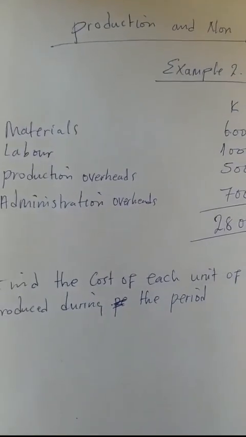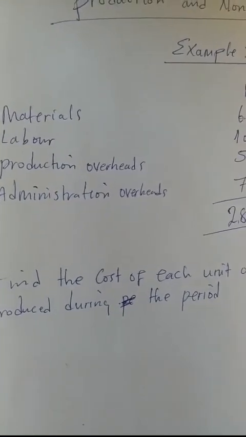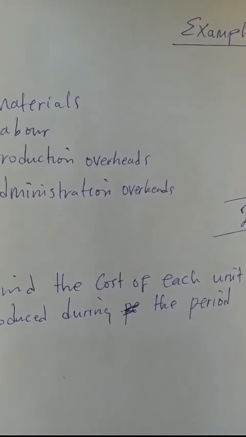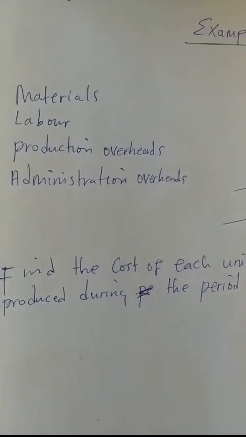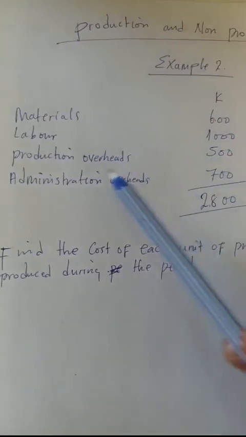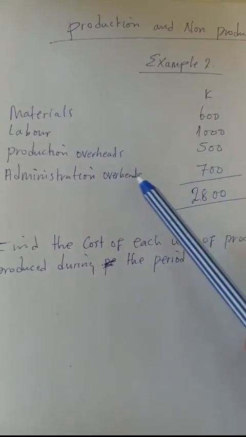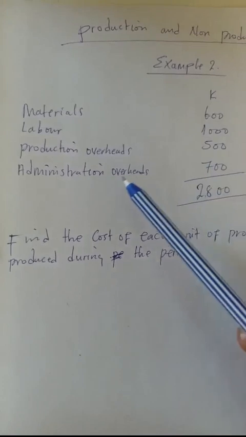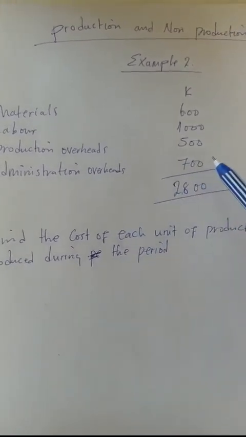Okay, so I have my example 2. A business has the following costs for a period. It spent on materials 600 kwacha, on labor 1000 kwacha, production overheads 500 kwacha, administration overheads 700 kwacha.